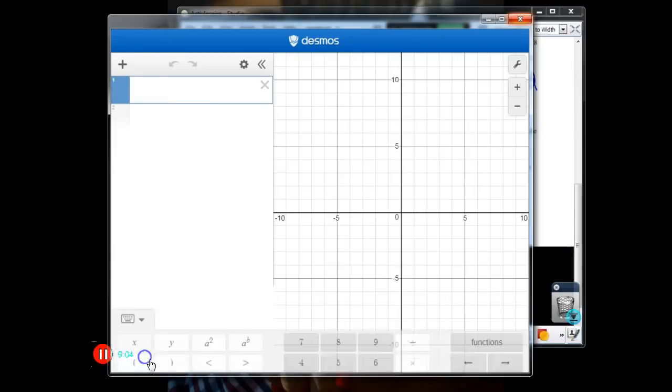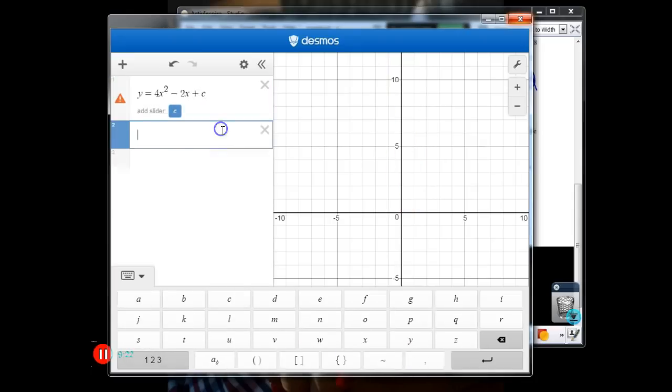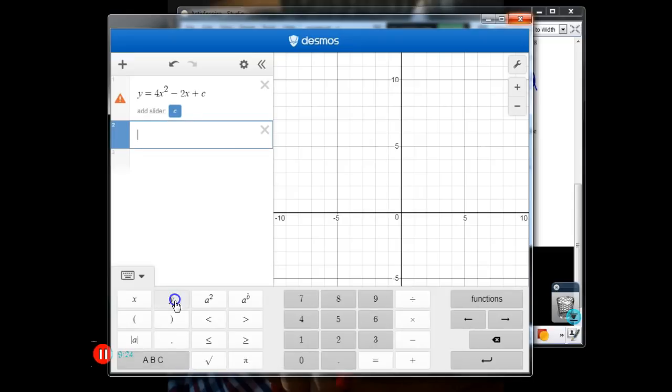So, what is the equation? y equals 4x squared minus 24x plus c. And the other one is y equals 4 times x minus 3, squared, minus 6.